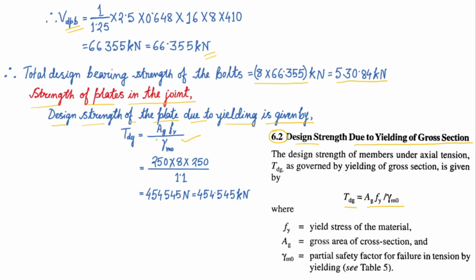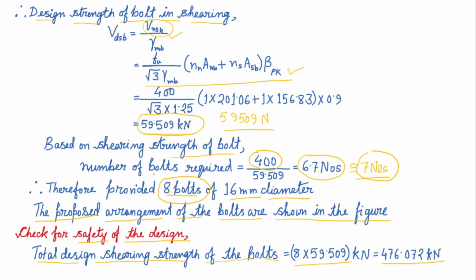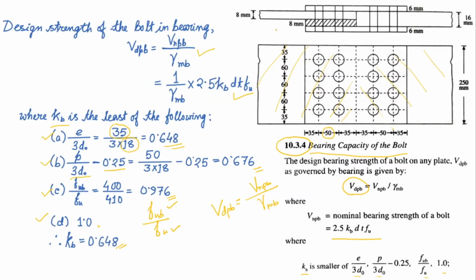So it is the gross area, thickness of the plate is 250 into 8. Fy is the yield strength, it is 250, and gamma m naught is taken from table number 5. It is 1.1. So in the joint we have two plates.